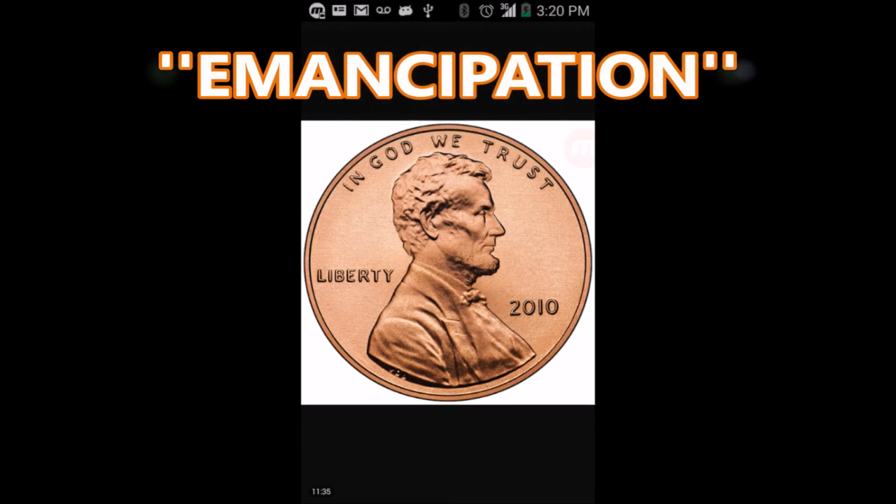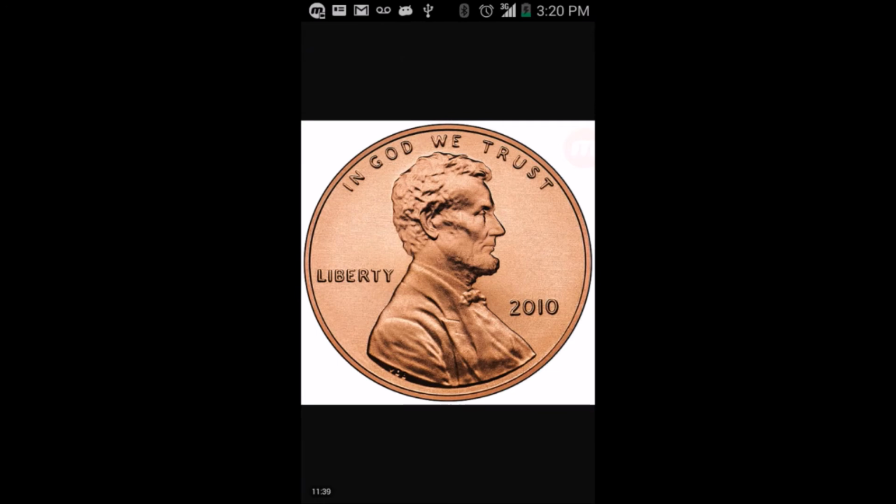So you who want to continue to say that you're free, you're not free. You've been emancipated. You've just been property that was transferred from under a direct slave master to the government, which is the biggest slave owner of all. That's why when you look at the White House, it looks like a slave house on the plantation.